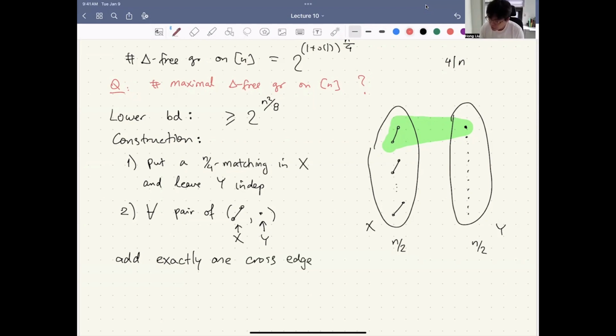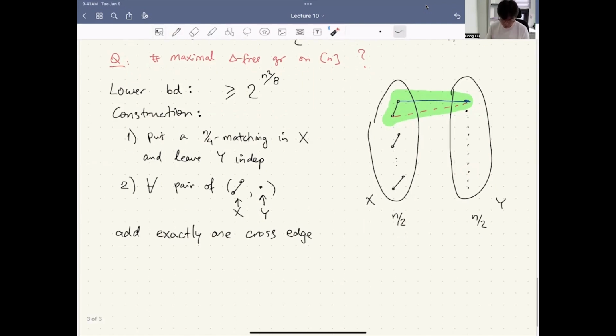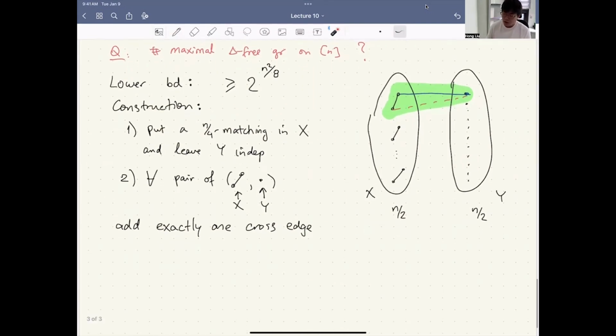So for example, if you add this one, then you're going to leave this one empty. The same for the others. For example, this one and this vertex, you add one, you leave the other one empty. You can do either way. So for every such pair, we have two choices, right? And it's also easy to see that adding these cross edges does not create a triangle. It's still triangle free.